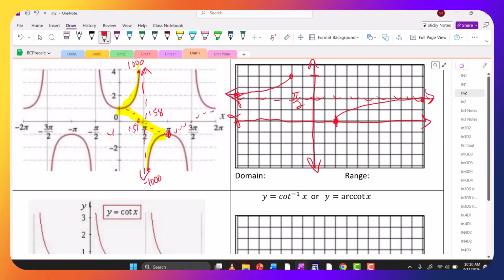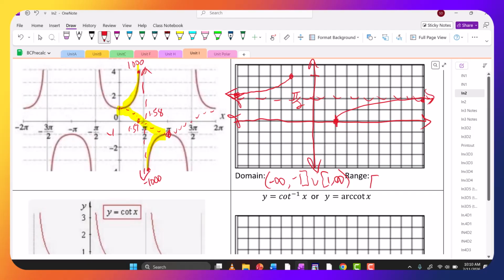All right? What you should get about this, though, is the domain is the same as the domain of the one at the top, because that's the range of both secant and cosecant. But now the domain of the original is limited from 0 to pi, excluding that asymptote.